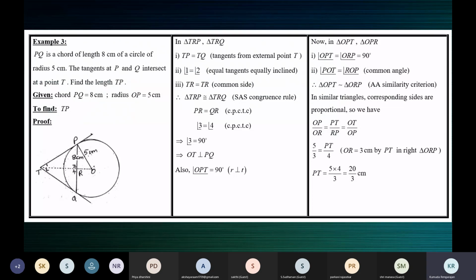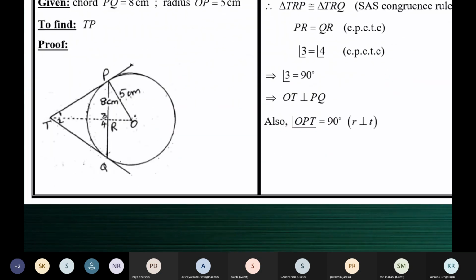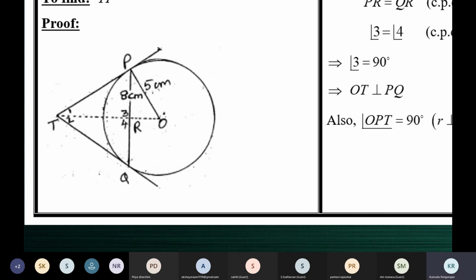Children, I'll just explain this and we'll wind up the session for today. In this figure you can see a circle with center O. You can see the tangents TP and TQ, and you know that TP is equal to TQ.